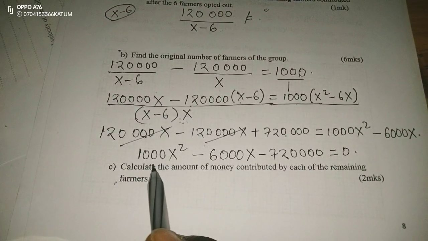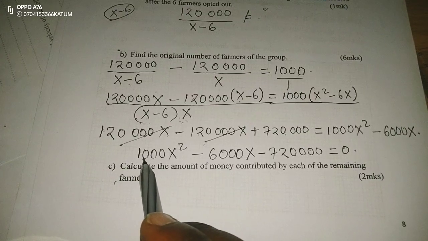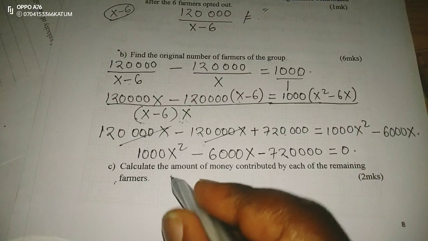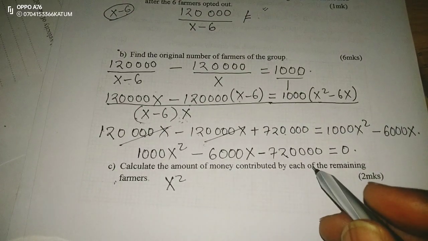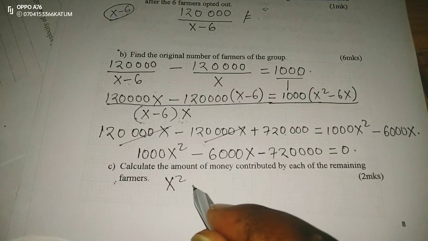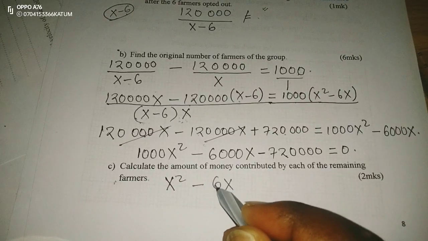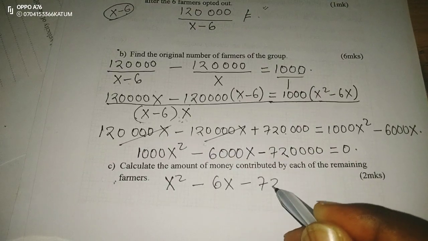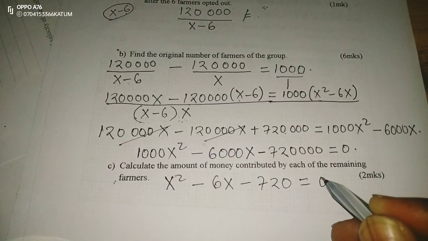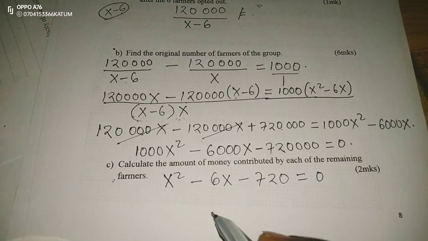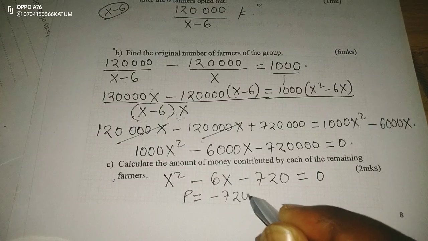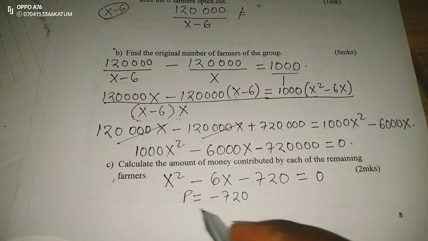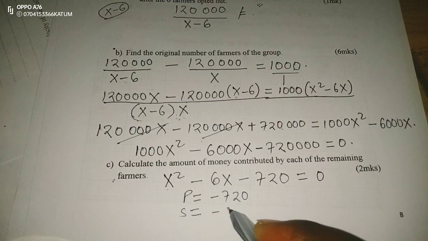Now we can factorize. First let us make it the simplest form, because 1,000 is appearing all through. So we will have x squared minus 6x minus 720 equals 0. Therefore, we can use the factorization method whereby we need a product of a times c, that means negative 720, because this is 1 times negative 720, and a sum of negative 6.